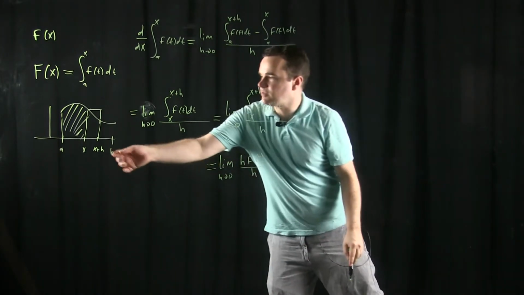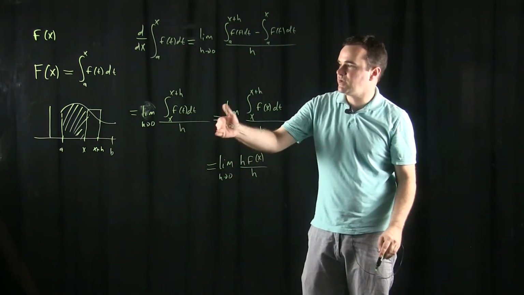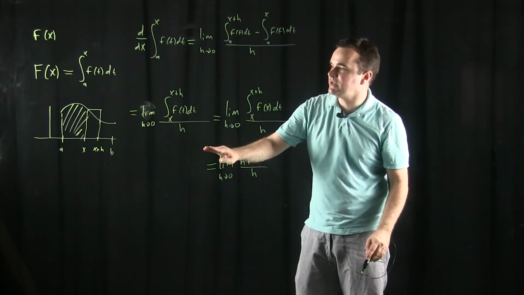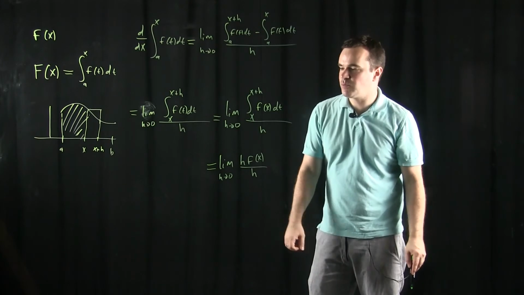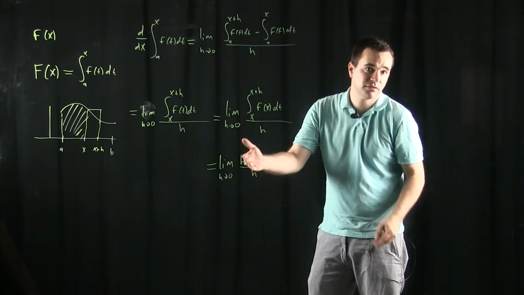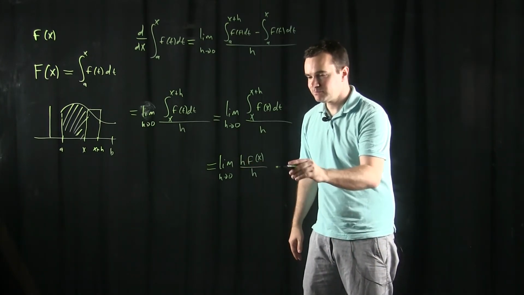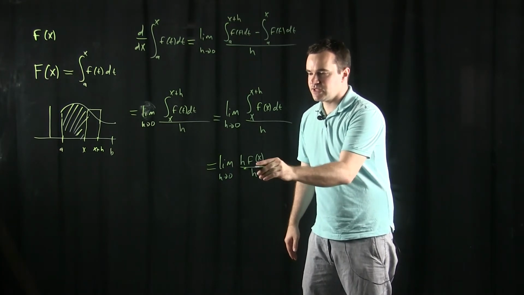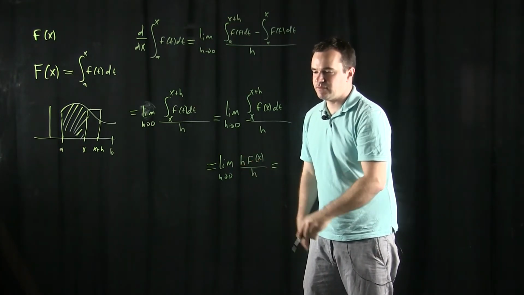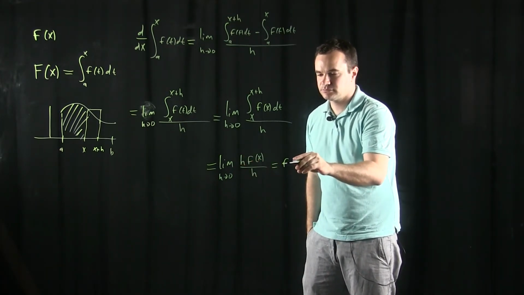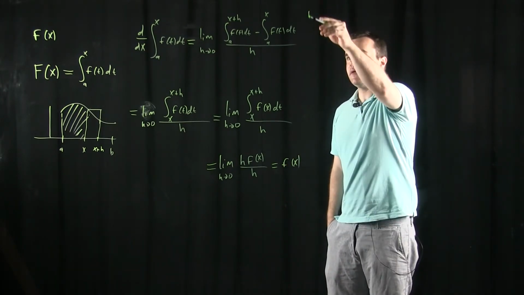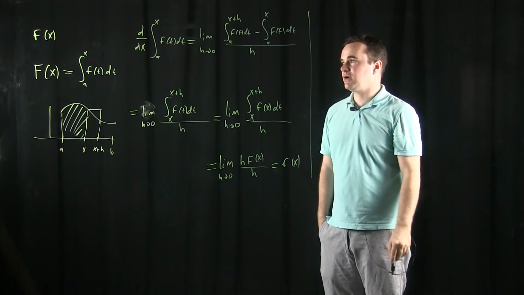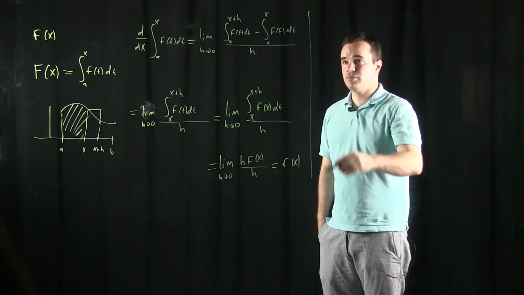I said the length of the base was h because that's the way I drew it in the picture. But if h happened to be negative, then your rectangle would be over there. That's still no problem. They're both negative and they both cancel out either way. So then you're just left with the limit as h goes to 0 of f of x, which is, of course, f of x. And that's how you show the fundamental theorem of calculus, part 2.